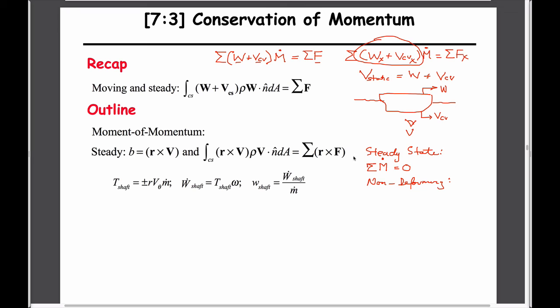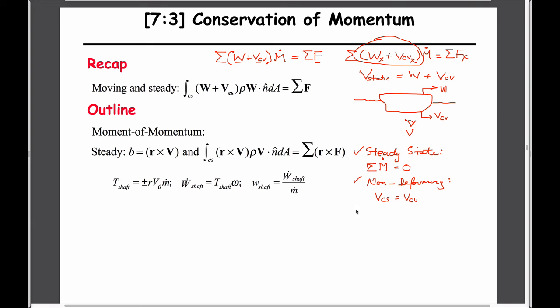Then for the case where it's steady and non-deforming, in other words, V control surface is equal to V control volume, right? If the ship is getting cramped, then clearly all of the parts of the control volume are not moving at the same velocity. And so this would not be true. But if it's not deforming, then they would be true.